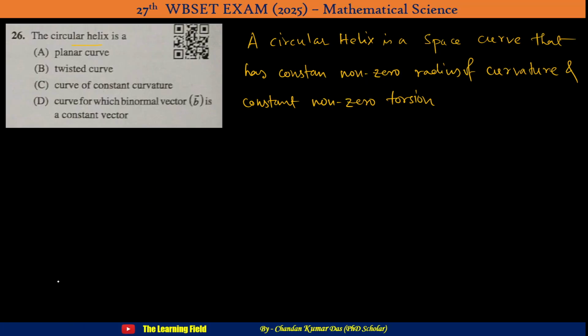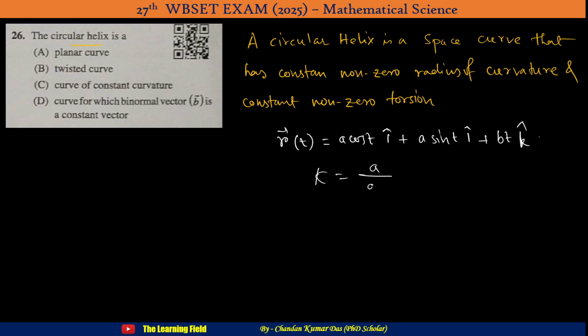And one more thing is that the circular helix is most commonly written as r equal to a cos t plus a sin t plus bt. Fine. This is the most common equation, and radius of curvature is given by kappa is equal to a by a square plus b square. So clearly this is a constant, and constant non-zero torsion.